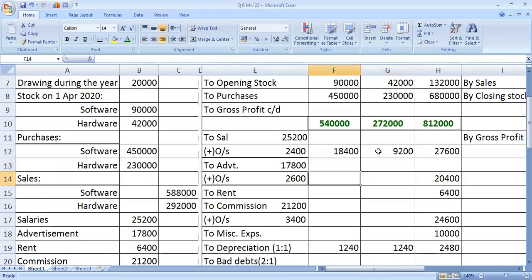Same for advertisement also, 20,400, distribute in the ratio 2:1. 13,600, 20,400 minus 13,600 equal to 6,800. There is no need to calculate again for the Department of Hardware.